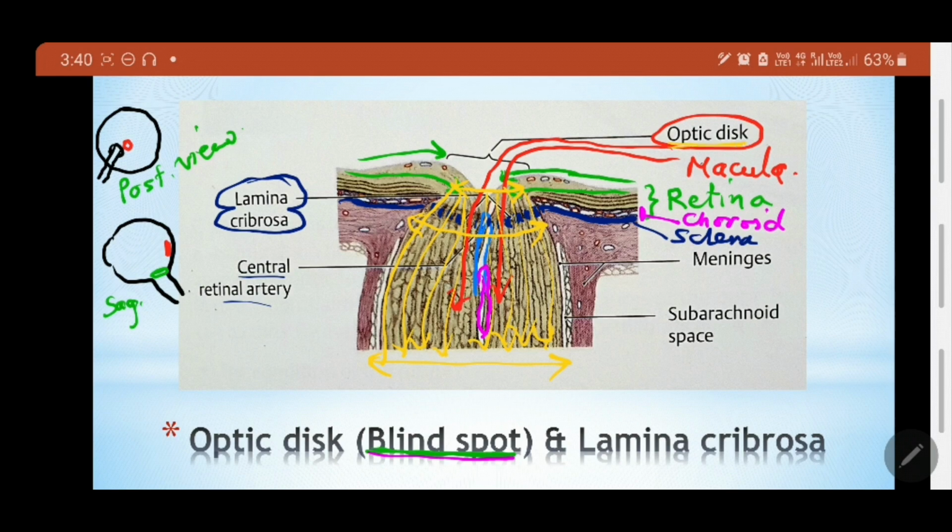So all those processes of the ganglion cells which form the axons, which form the optic nerve, emerging out of the eyeball in the form of optic nerve, are getting so much packed up here.